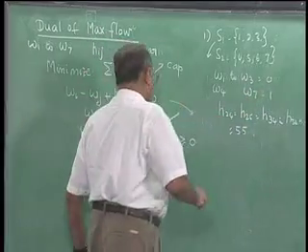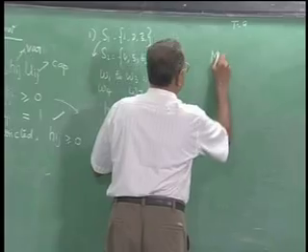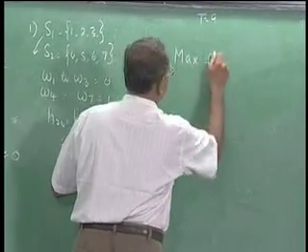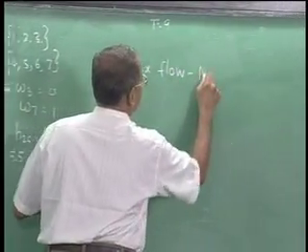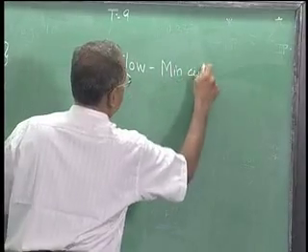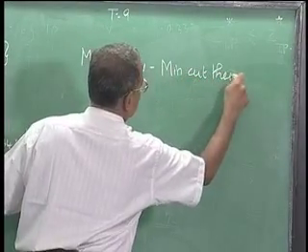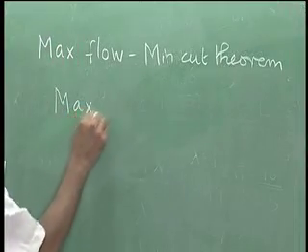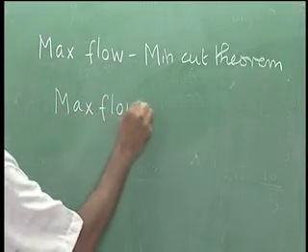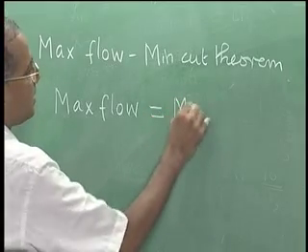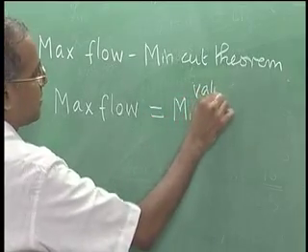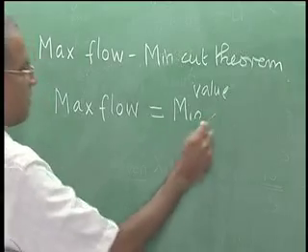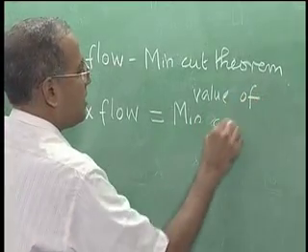So, we get a very strong relationship which is called the max flow min cut theorem, which says at the optimum the maximum flow in the network is equal to the value of the minimum cut.